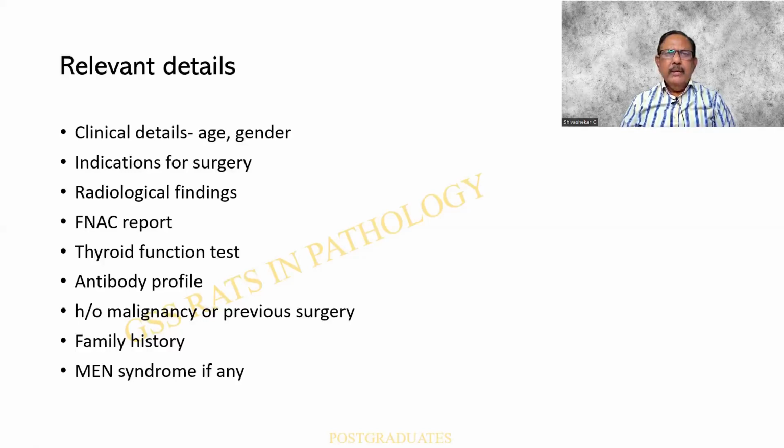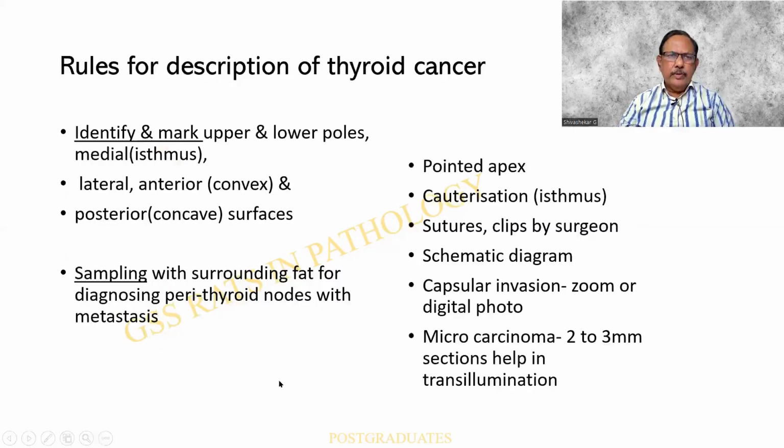But these are mandatory, so I would like you to kindly go through the entire list. For example, thyroid function and antibody profile will help us very much in giving a diagnosis of Hashimoto's thyroiditis. Whether there is a family history and so on. So this entire list I would like you to have at your fingertips.